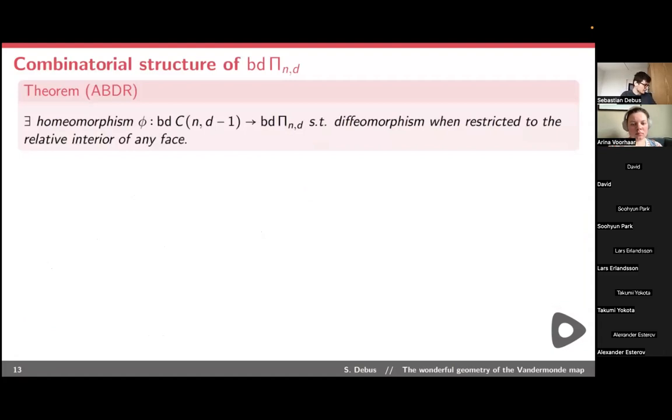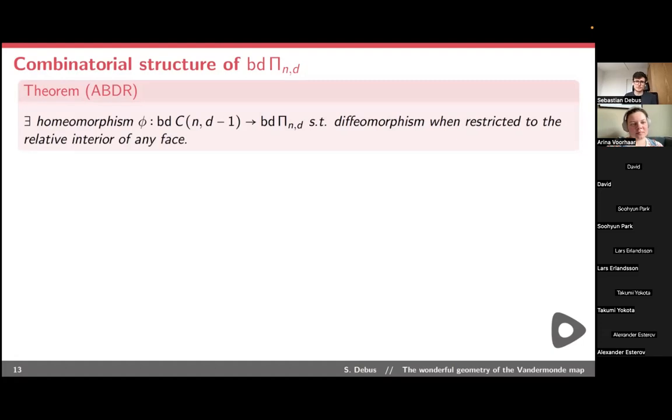And in their paper, they formulated that the boundary of the Vandermonde cell has the combinatorial structure of the cyclic polytope. This is what they observe, and they don't specify what they mean with it. So in our understanding, we mean with it the following. There exists a very concrete homeomorphism which maps the boundary of the cyclic polytope to the boundary of the Vandermonde cell.